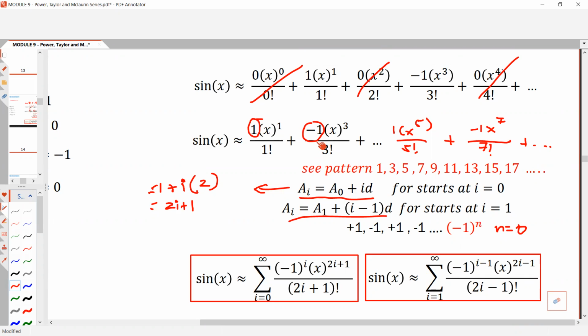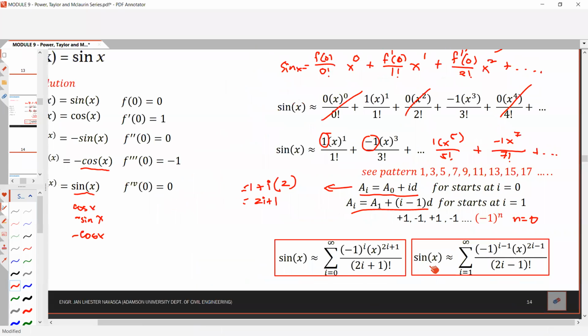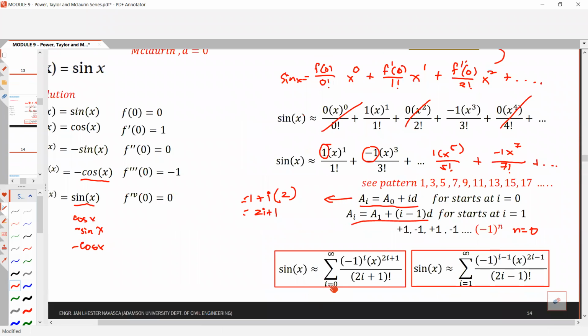And for the powers of x, 1, 3, 5, 7, 9, starting from i equals 1, the formula is a sub 1 plus i minus 1 times the common difference, so 2i minus 1 over 2i minus 1 factorial. So these are our two Maclaurin series expansions of sine of x, starting from i equals 0 or i equals 1.